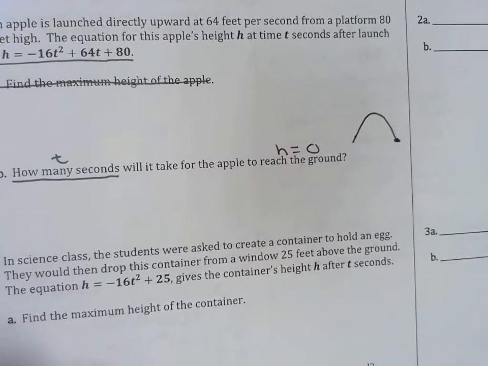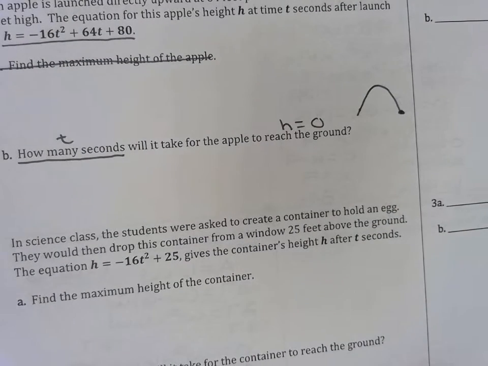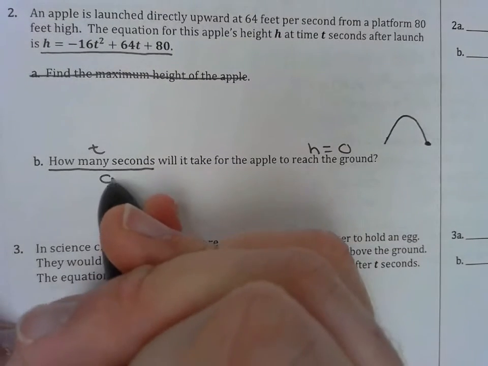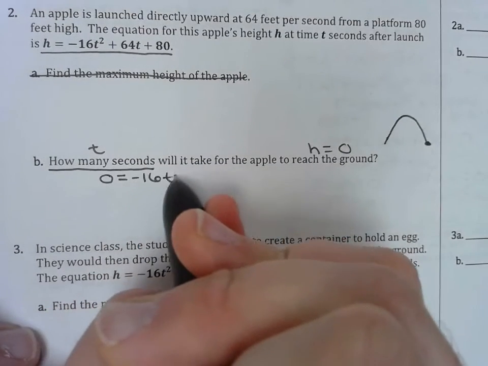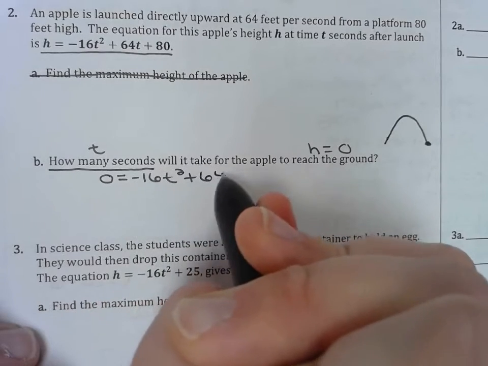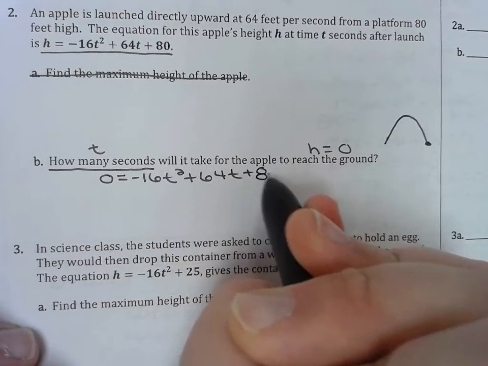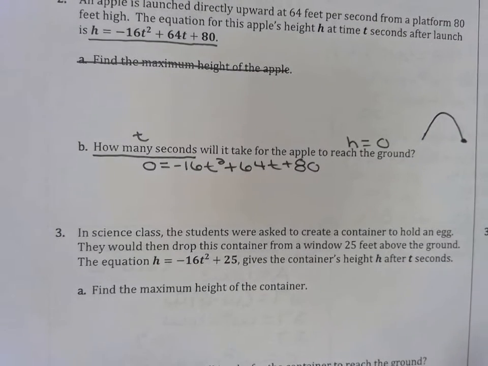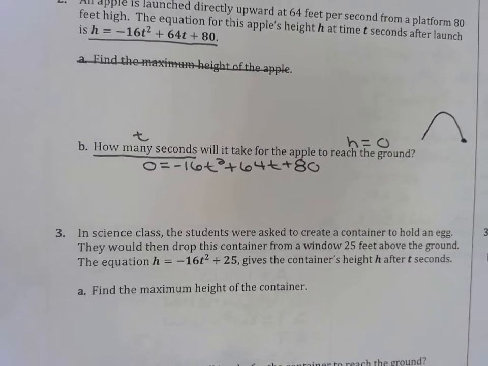So if I want to know how long, I want to know t when my height is 0. So I'm just putting 0 where h is, and I want to find time, t, when h is 0.